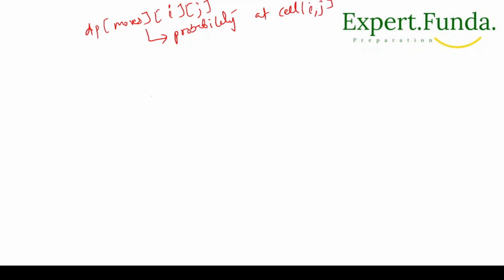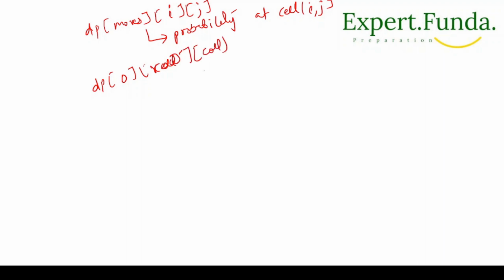And if we take 0 moves, then we are at some cell, that is a row and a column.